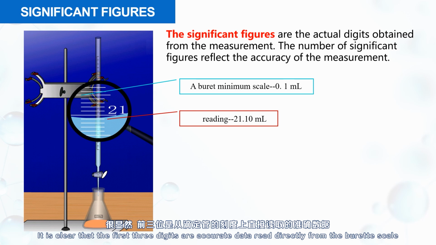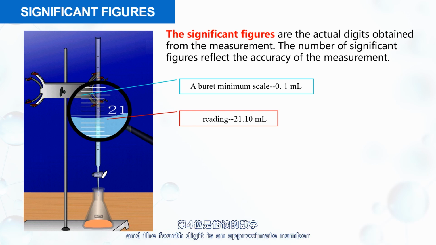It is clear that the first three digits are accurate data read directly from the burette scale, and the fourth digit is an approximate number, which is called an uncertain or suspicious number. So this 21.10 is a 4-digit significant figure.